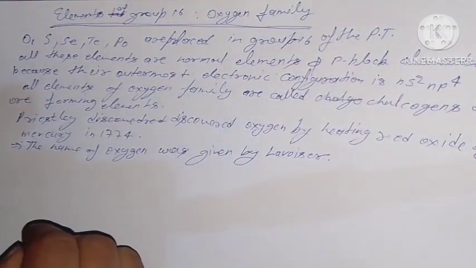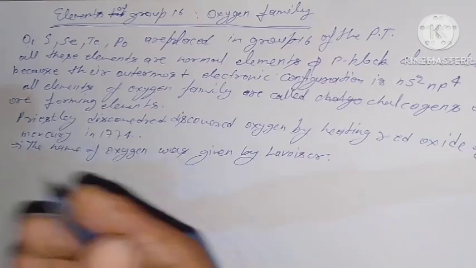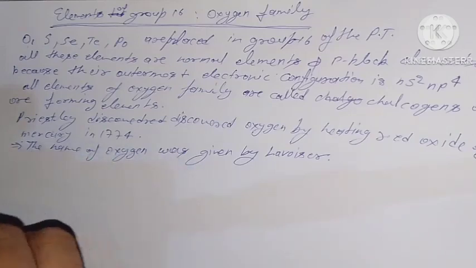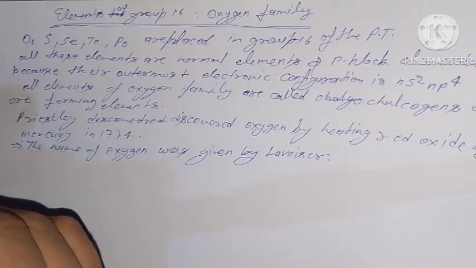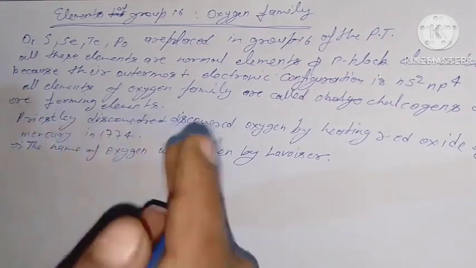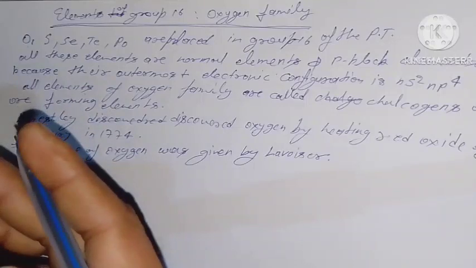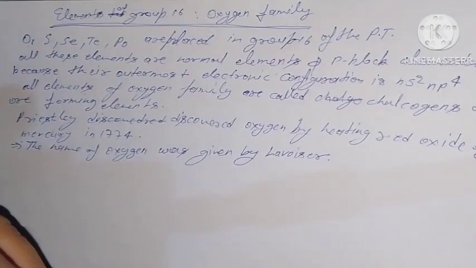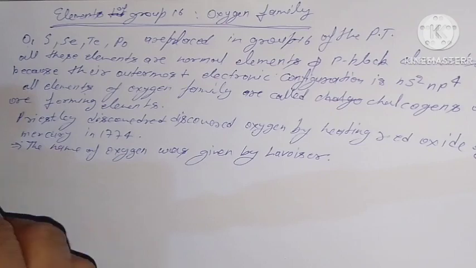Oxygen is the most widely distributed and most abundant of all the elements, essential to life processes, supporting respiration and combustion. In the Earth's crust, oxygen occurs as a constituent of all the silicates.